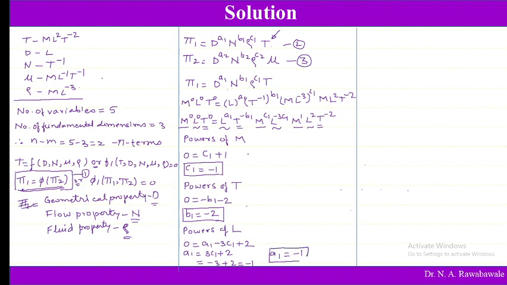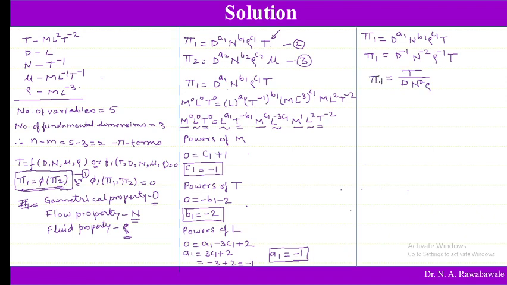So we know the values of a1, b1, c1, and we can write the pi1 term as d to the power of a1, n to the power of b1, rho to the power of c1 into torque T. So pi1 is equal to d to the power of minus 1, n to the power of minus 2, and rho to the power of minus 1 into torque T. This can be written as T divided by d n square rho.